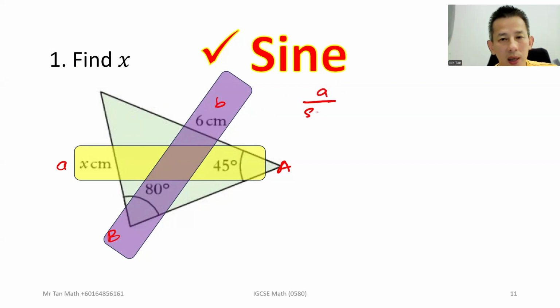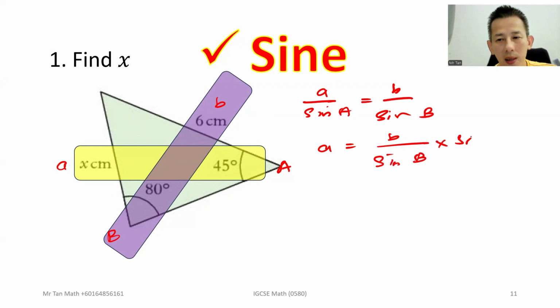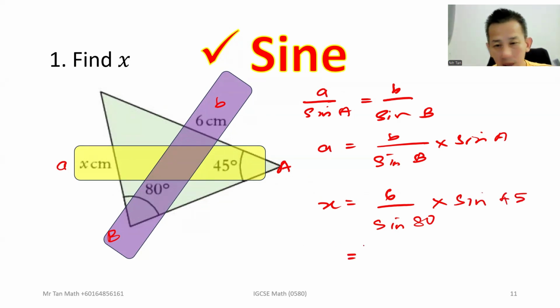So we have a over sine A equal to b over sine B. Therefore, a should equal b over sine B times sine A. Calculate your a or your x, which should equal b is 6 over sine 80 times sine 45. Calculate, you should get 6 over sine 80 times sine 45.